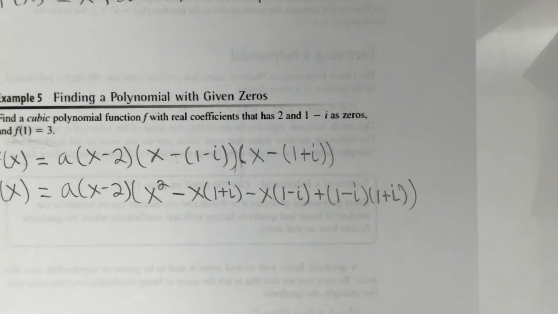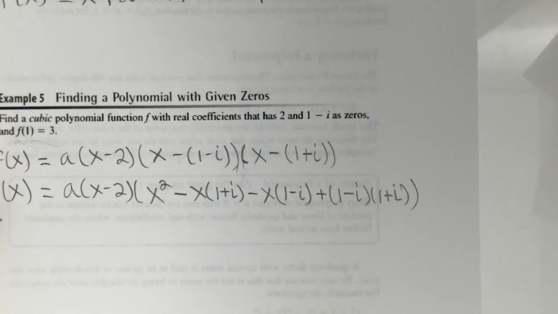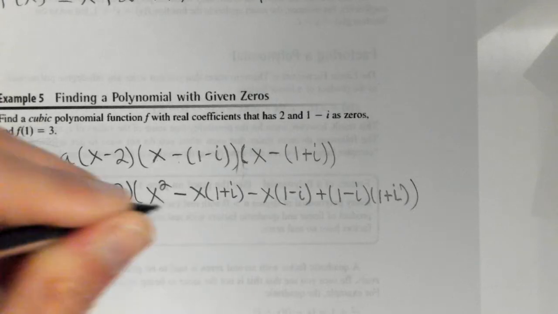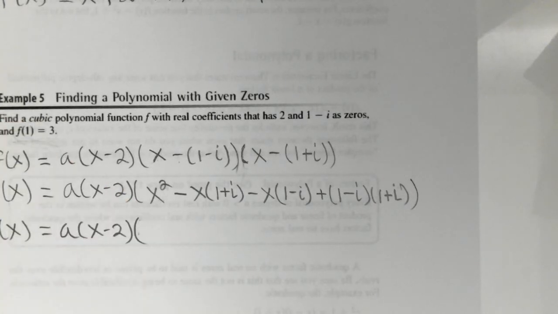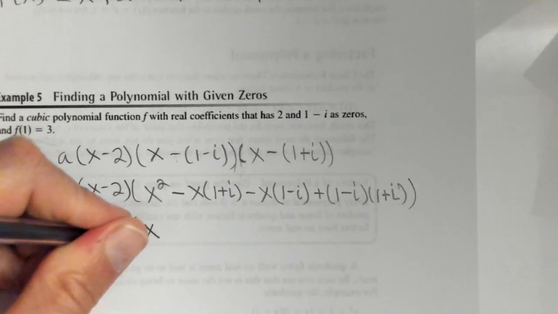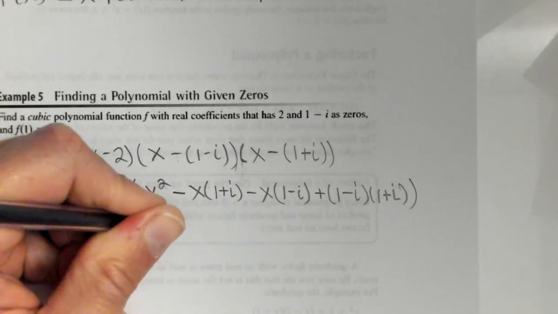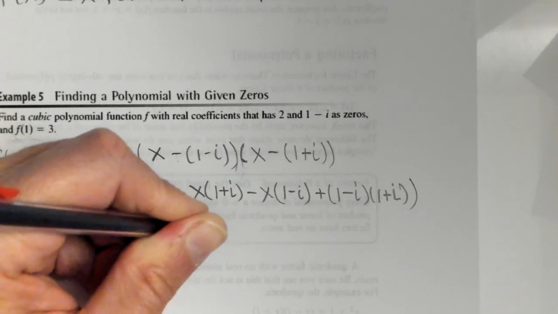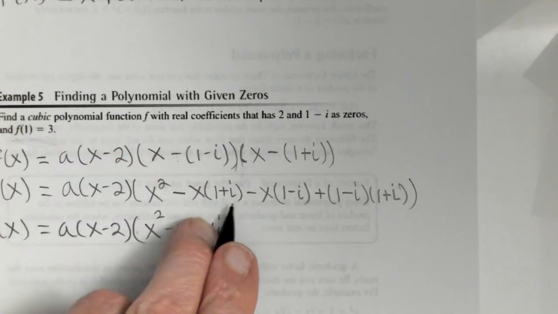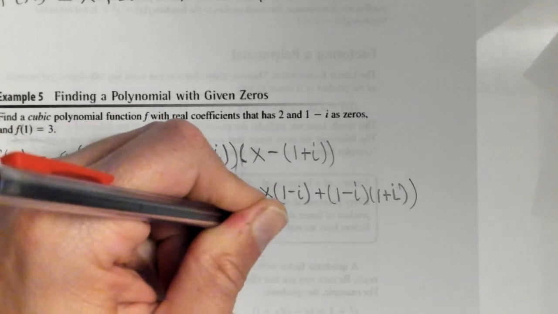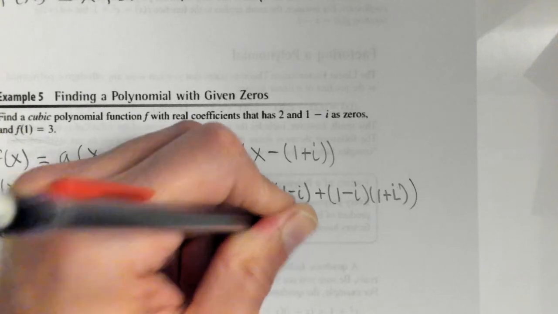Alright, so now, like I say, we've got a little bit of simplifying to do here. So f of x equals a. Still not going to do anything with the x minus 2 yet. I'm going to try to simplify a little bit what I've got inside my parentheses here. So that's going to be x squared minus x minus xi, right? Minus x plus xi.